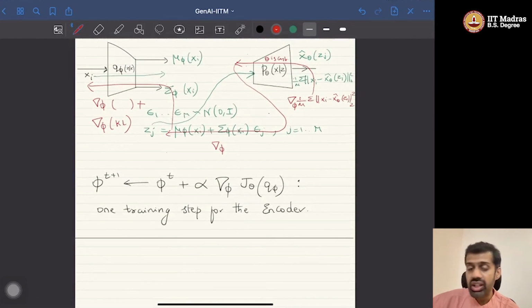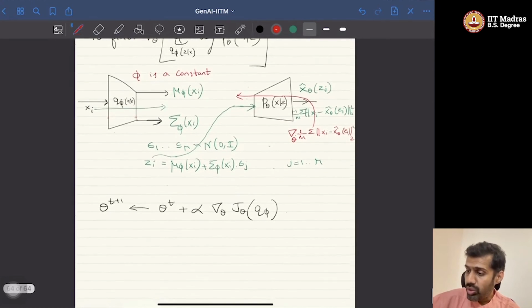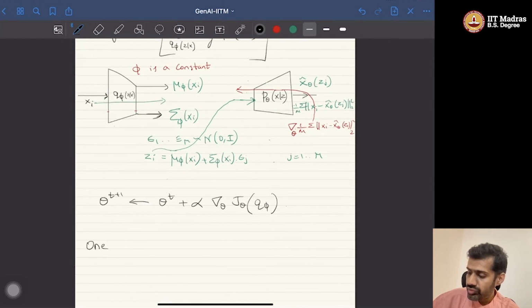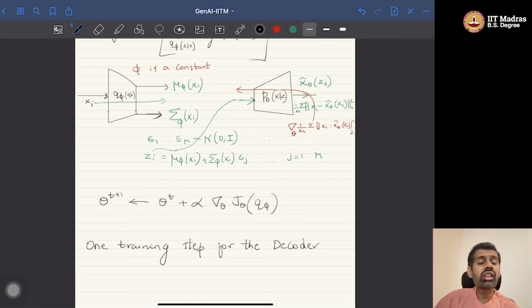That is one training step for the decoder. This training has to be done for all the data samples x_i. I just showed it for one data sample. That completes one epoch of training of encoder and decoder, and one can have multiple epochs. So this completes the training procedure for a variational autoencoder.